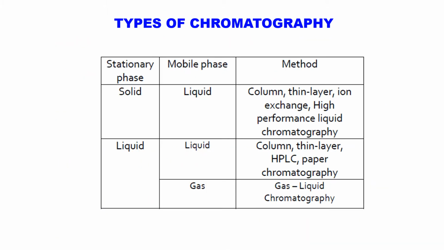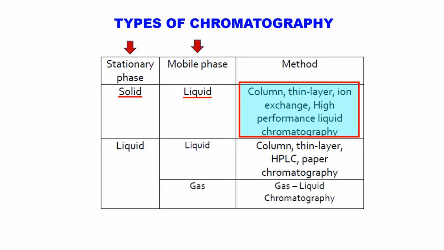Coming to the types of chromatography, the various types can be defined on the basis of what stationary phase is being used and what mobile phase is being used. So when the stationary phase is solid and the mobile phase is liquid, the chromatographic method is either column chromatography, thin layer chromatography, ion exchange chromatography, or high performance liquid chromatography.